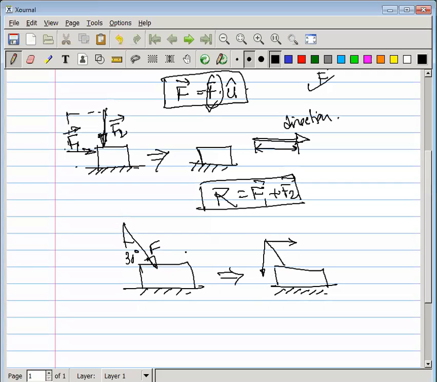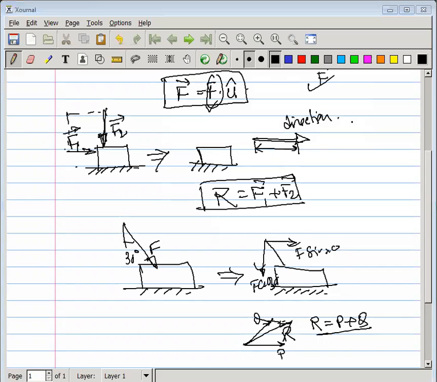Suppose it is F, so F cos 30, and this one is F sin 30. This is the resolution of force. Generally we write it such that if it is your resultant and we resolve that force, suppose this is P and this is Q, then we can write R is equal to P plus Q. Similarly, there is also the addition of two vectors and the subtraction of two vectors.